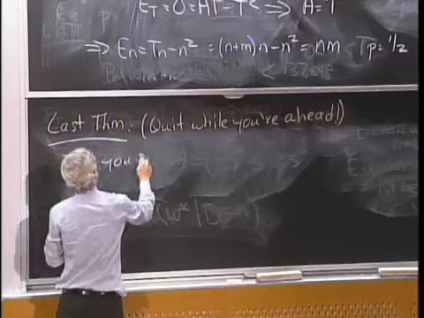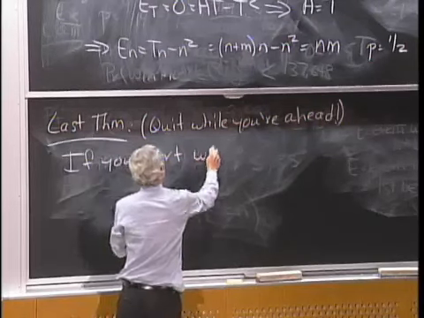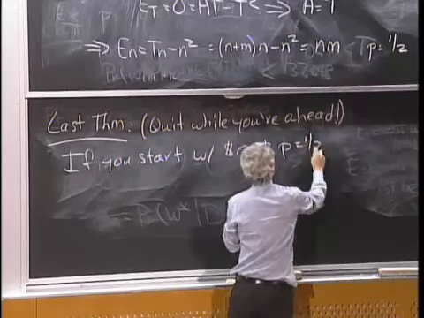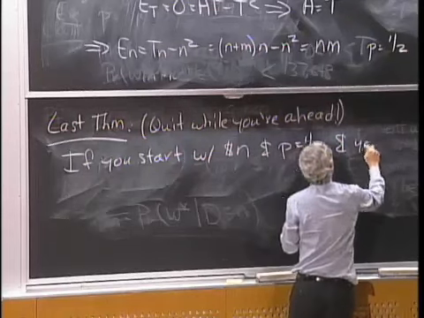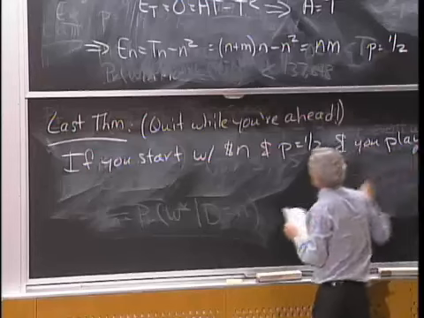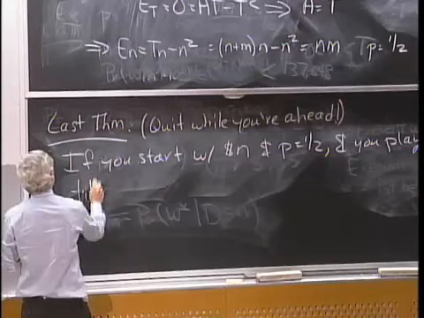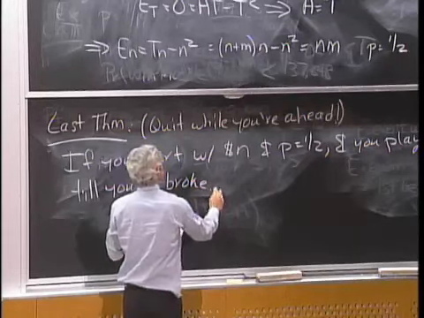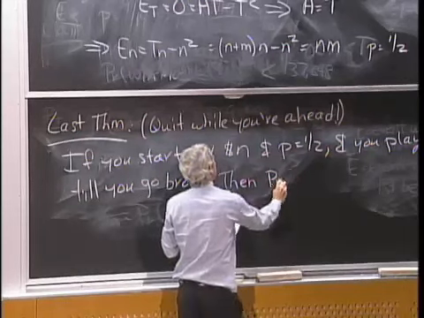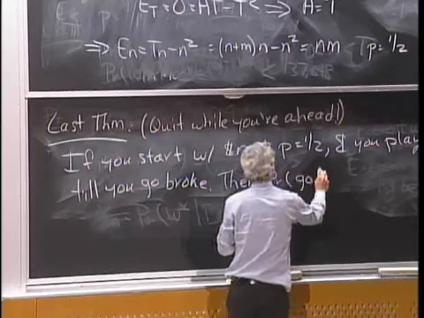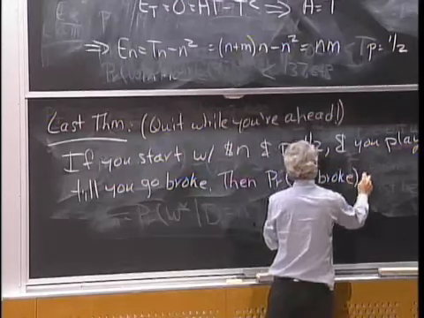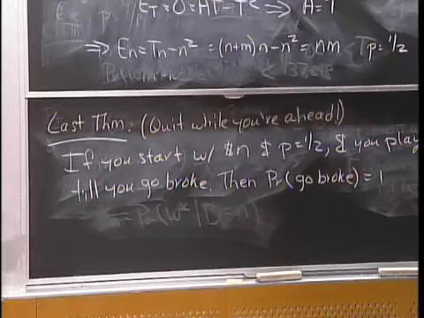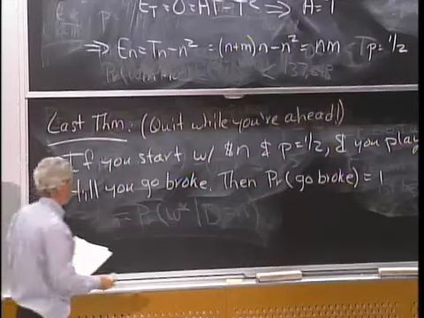If you start with n dollars, and it's a fair game, and you play until you go broke, then the probability that you do go broke, as opposed to playing forever, is 1. It's a certainty you'll go broke, even though you expect it to take an infinite amount of time. All right, so let's prove that.